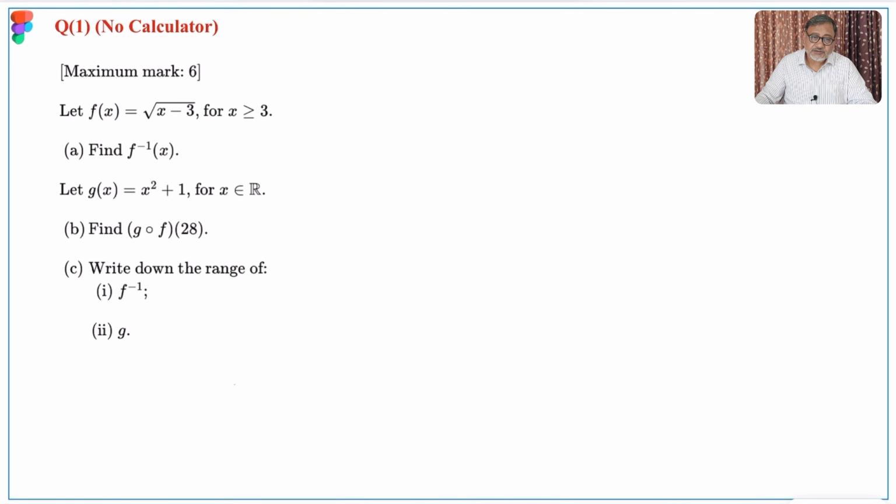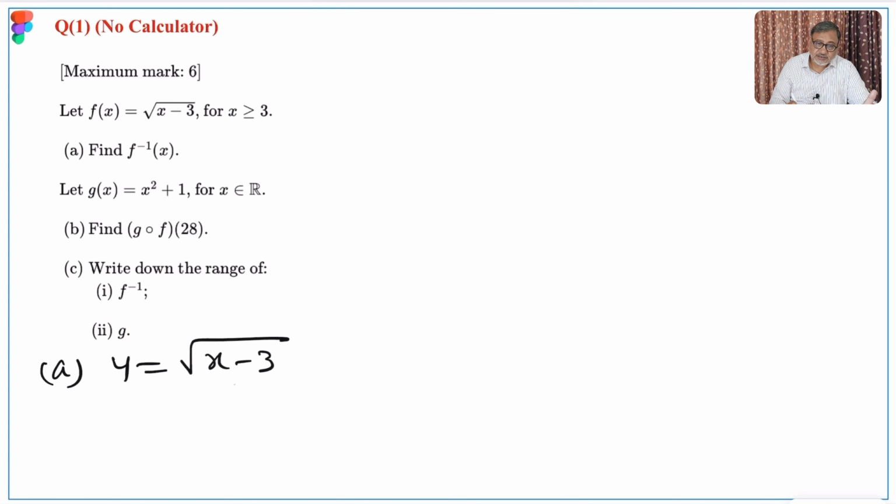Now this is a past paper question. We'll do a few of the past paper questions. This question says f of x is equal to root of x minus 3 for x greater than or equal to 3. This is the domain of it, without that it will not be defined. Find f inverse. To find f inverse, let me write y is equal to square root of x minus 3.